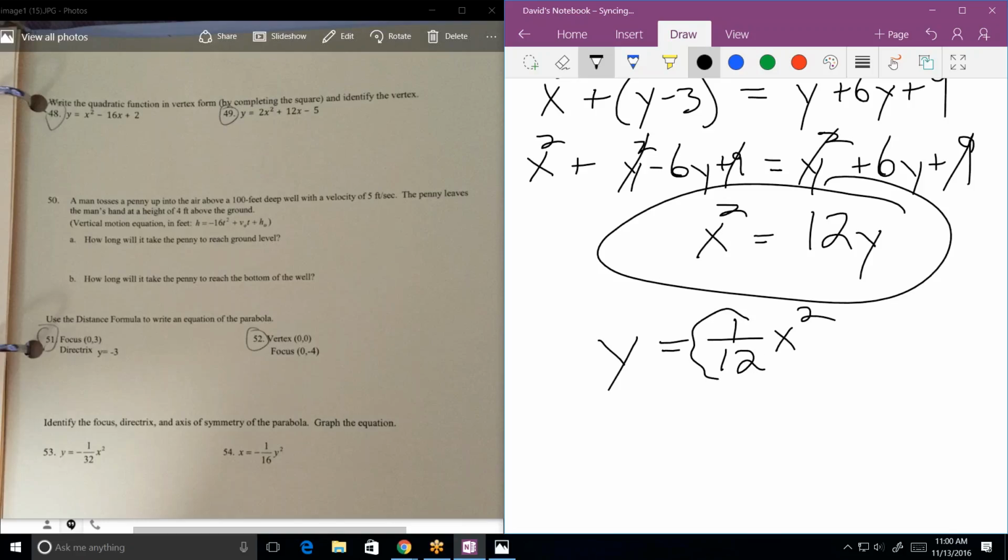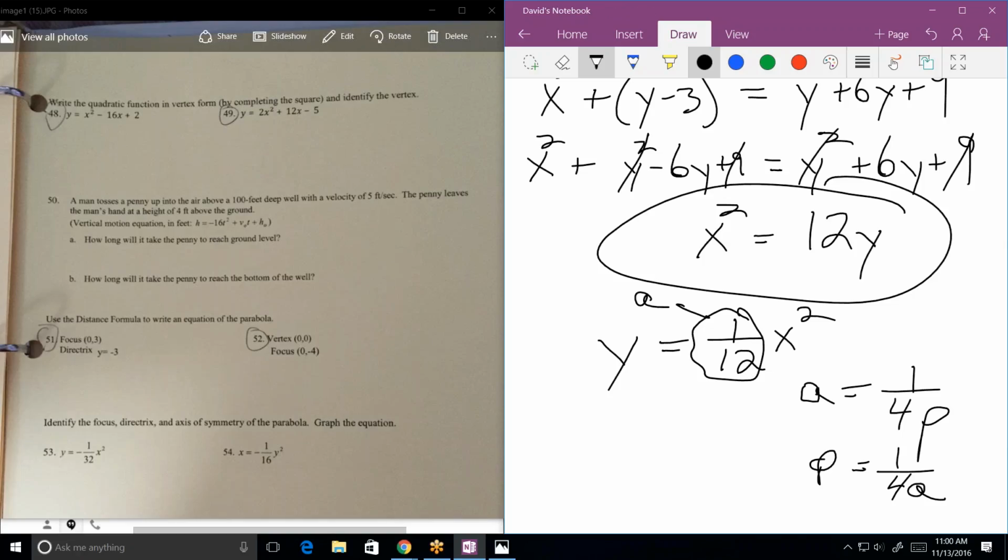And there's a. And if I know that a is equal to 1 over 4p, this is the way they're having you do it? That means p is equal to 1 over 4a, if I just do the algebra here. p is my focus. Okay?